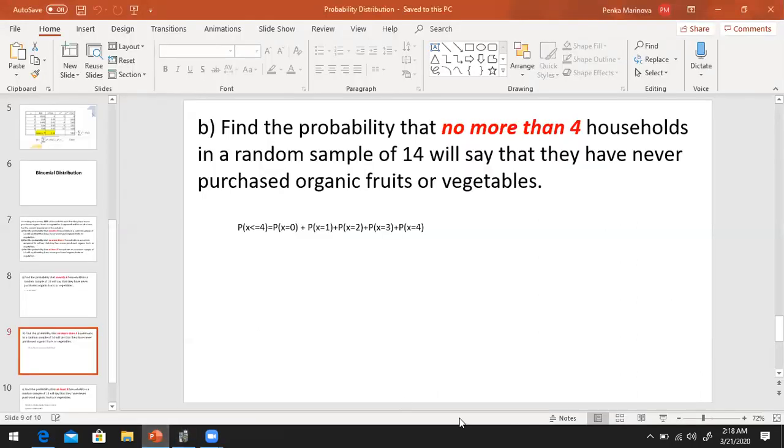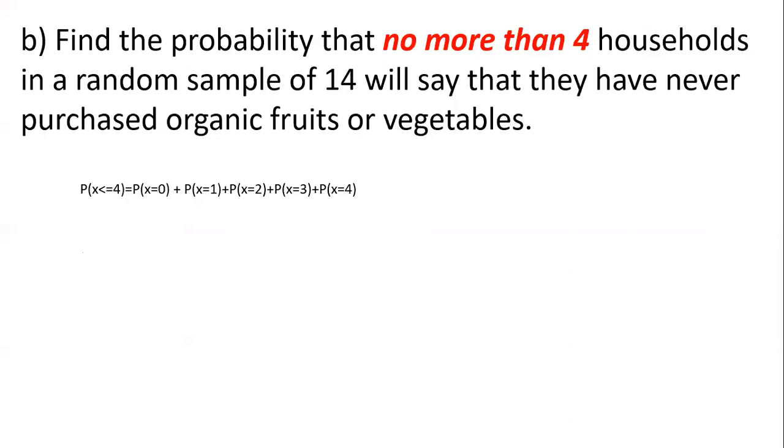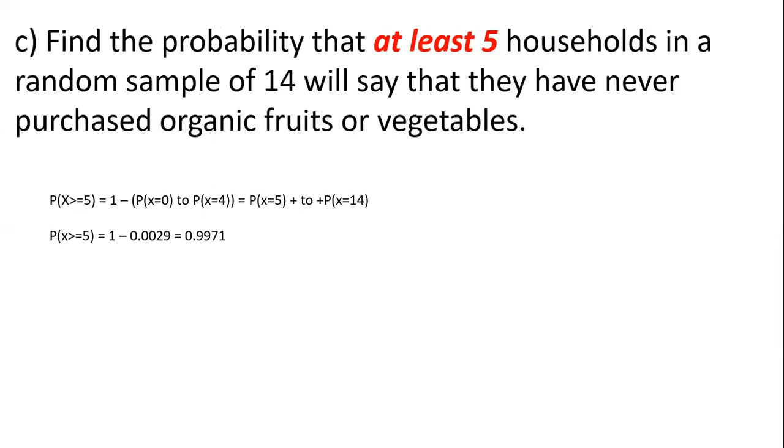Going back to part C now, at least 5. In this case, we have at least 5, which means from 5 up. But you can imagine calculating the probabilities for x equals 5 to x equals 14.